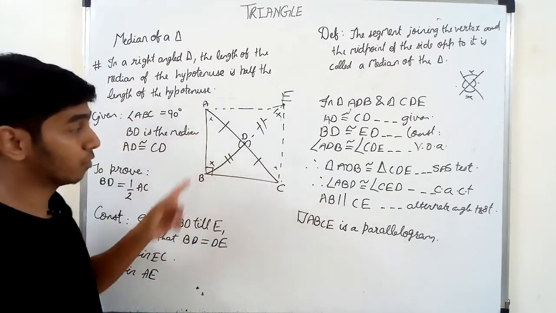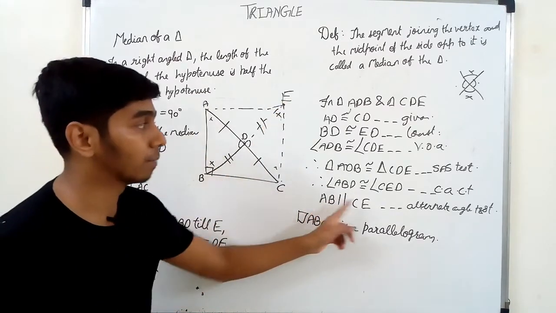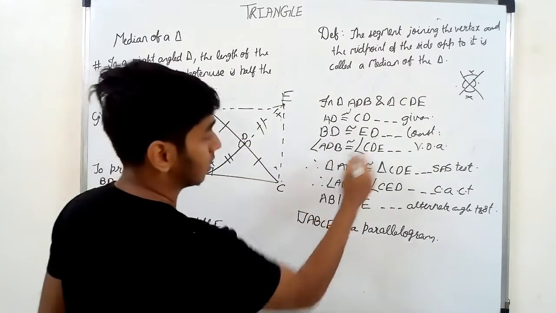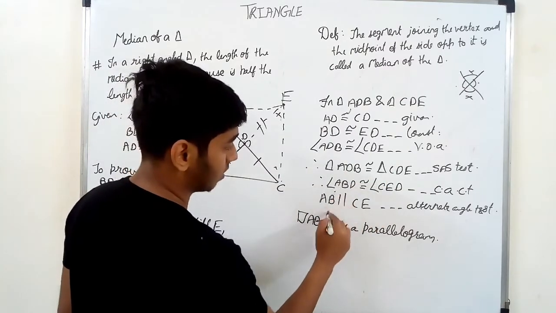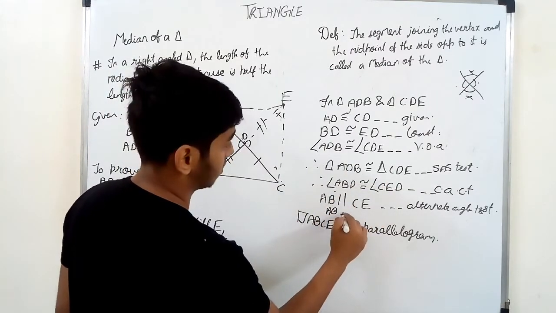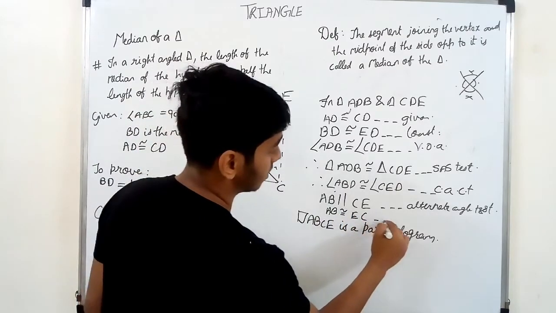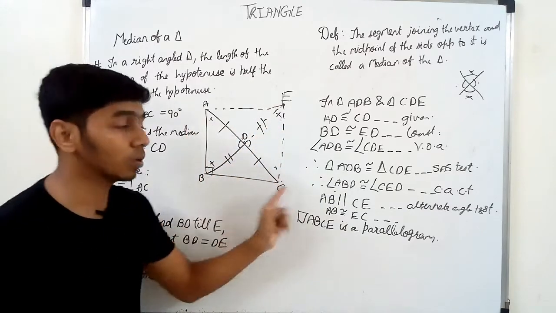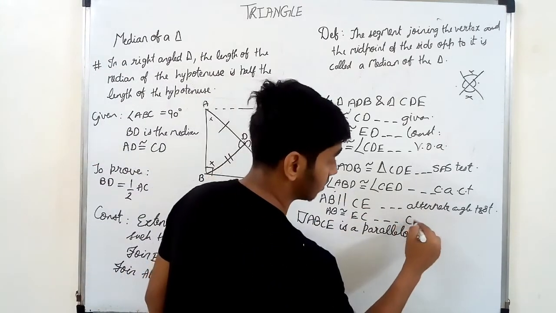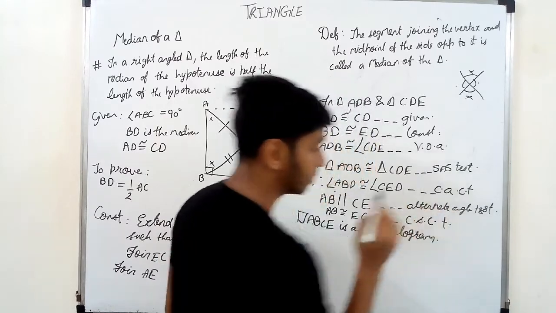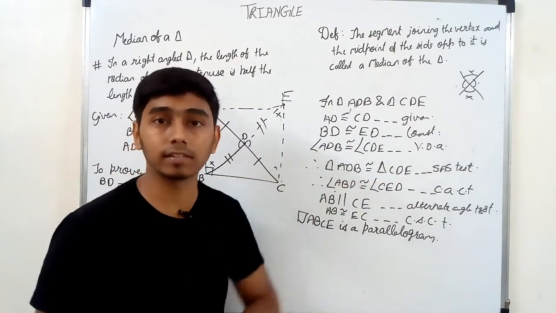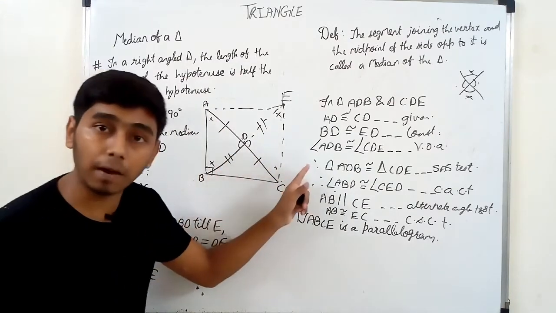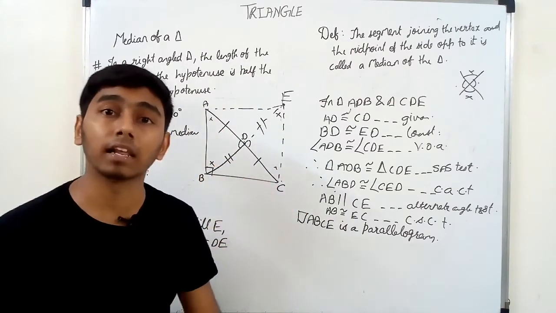So here we have proved that AB and EC are parallel, but also AB is congruent to EC. Why? Because these two triangles are congruent, therefore this side is equal to this side. The reason is CSCT, corresponding sides of congruent triangles. Therefore, if one side is congruent as well as parallel, this becomes a parallelogram.